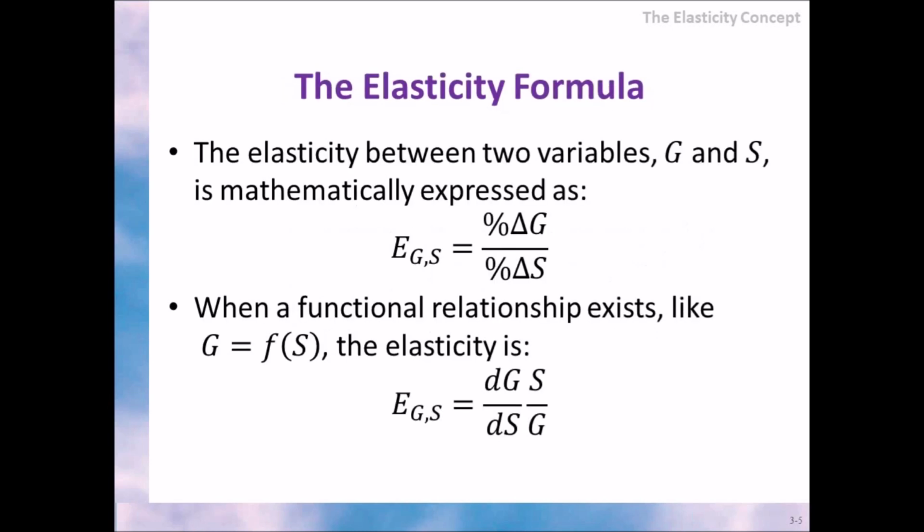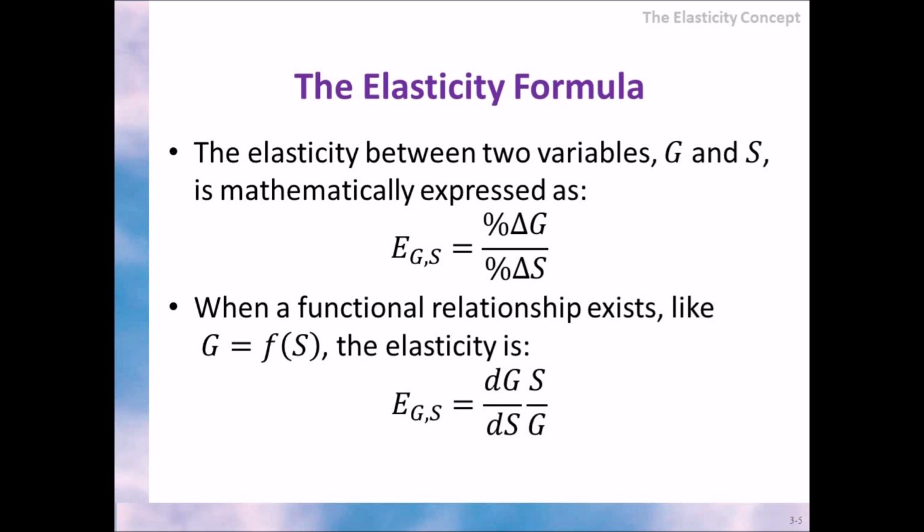So if we look into the formula, the elasticity between two variables can be expressed mathematically. And I think this is also something that you have learned before, when you learn about the midpoint formula, the elasticity can be expressed as percentage change in G over percentage change in S. Again, as I said, the G and S is only the general symbol.